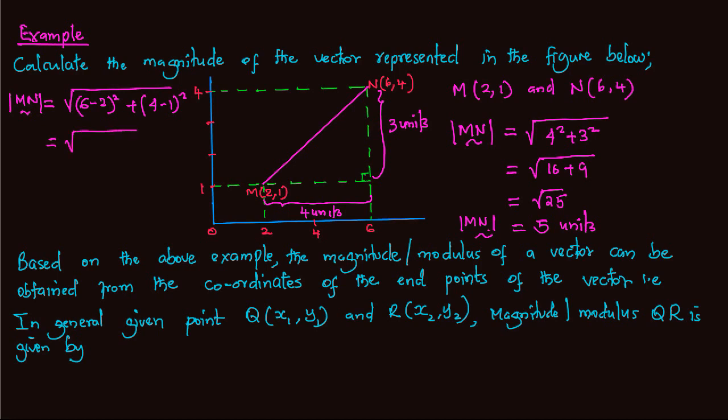That gives us 4 squared plus 3 squared, and that gives us the square root of 25, and this is equal to 5 units.